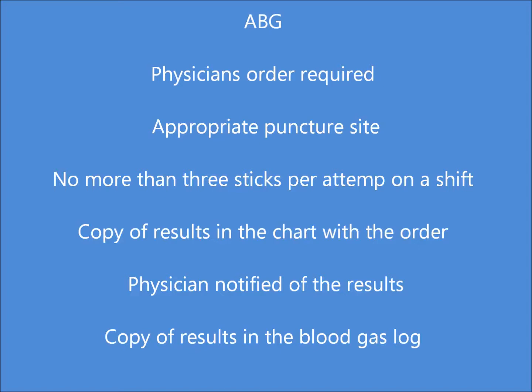When you are done, the copy of the results must be placed with the order. The physician must be notified of the results, and a copy of the results are also logged in the blood gas log.